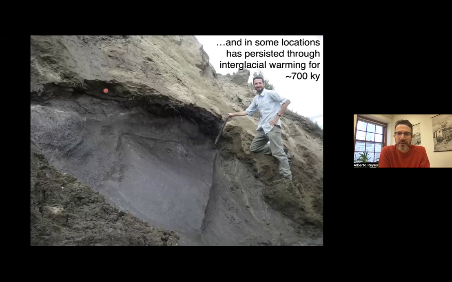These are about 700,000-year-old ice wedges. They're overlain by tephra that has really secure chronology that indicates that these ice wedges, and by extension the permafrost itself, haven't thawed during interglacials like stage 11, stage 5, these warm super interglacials in the Arctic.